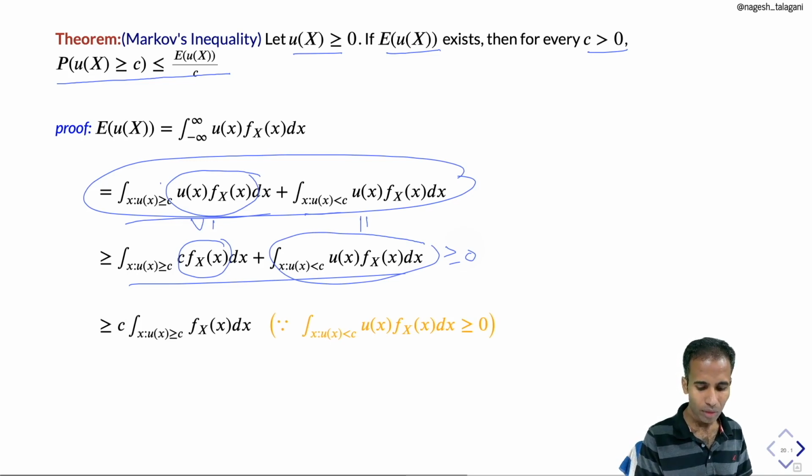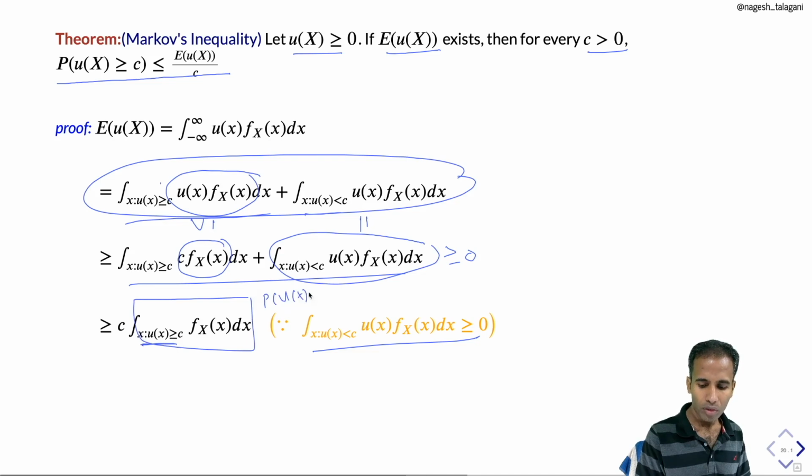Grab c out. Still this is going to be greater than or equal to c times the integral of f(x) dx over x such that u(x) is greater than or equal to c, since the dropped term is non-negative. Now we are integrating the PDF over this domain, x such that u(x) is greater than or equal to c. That means this gives the probability of the event u(x) greater than or equal to c. So this is precisely the probability of u(x) greater than or equal to c.